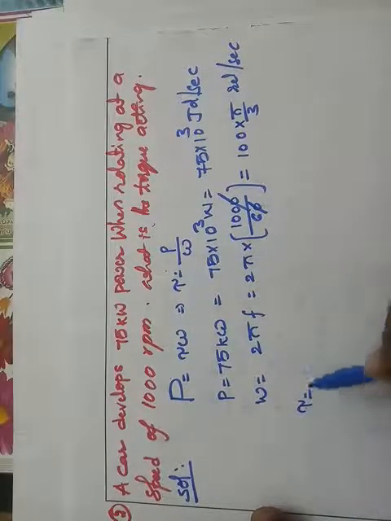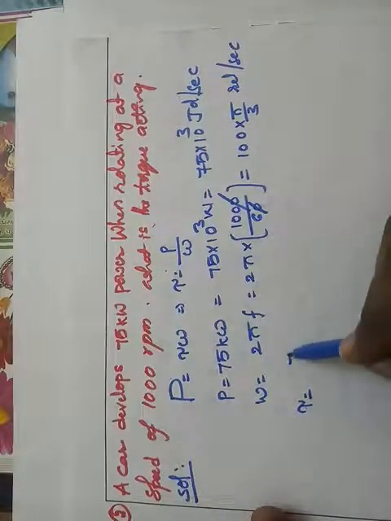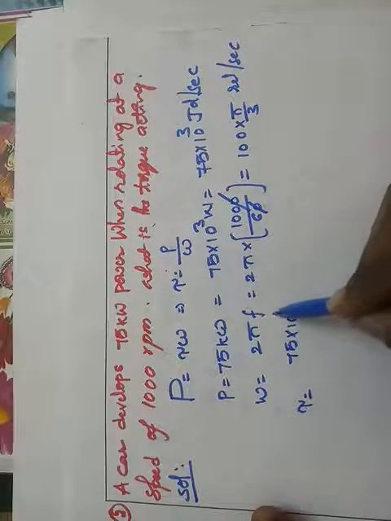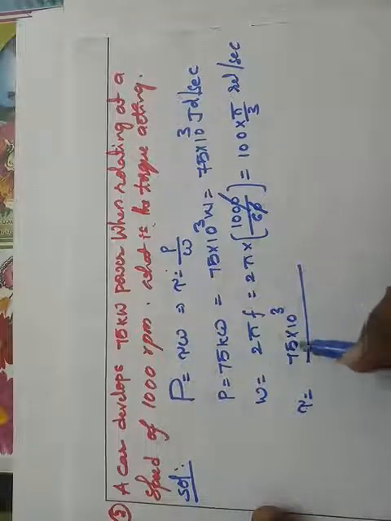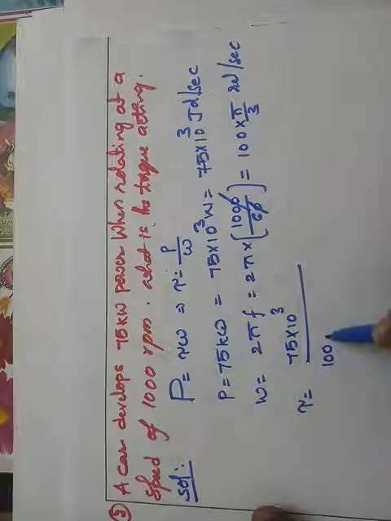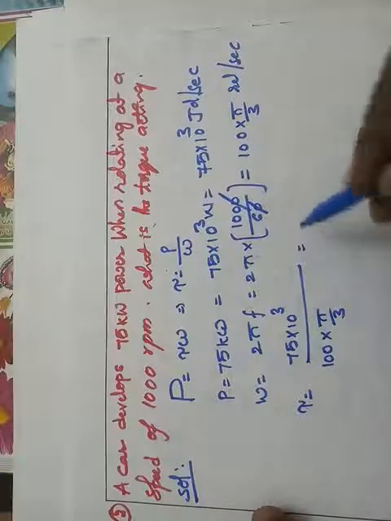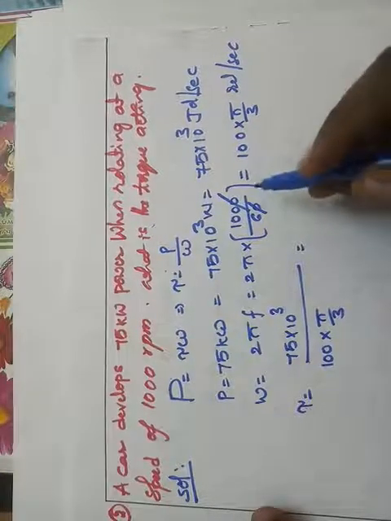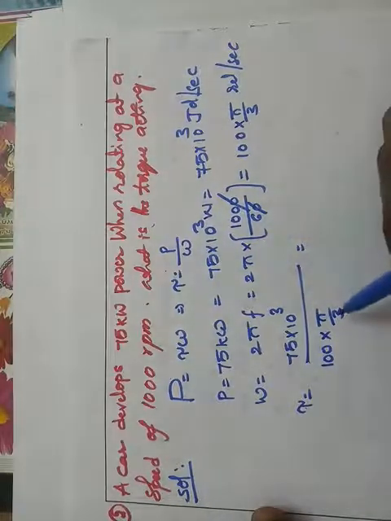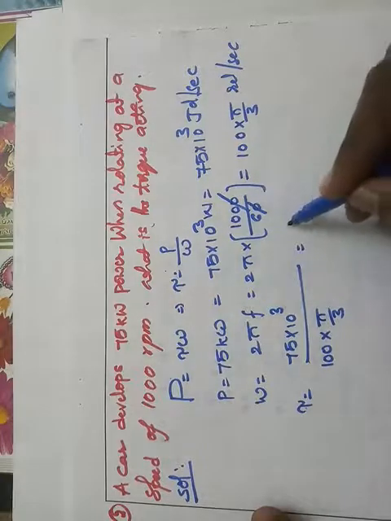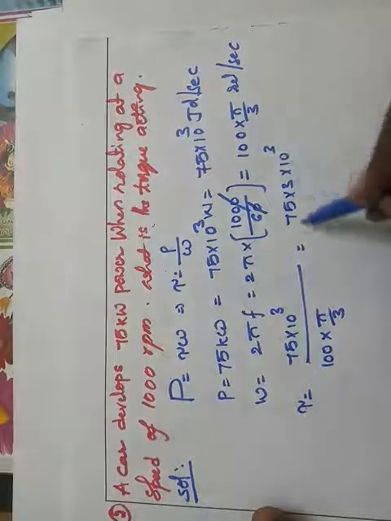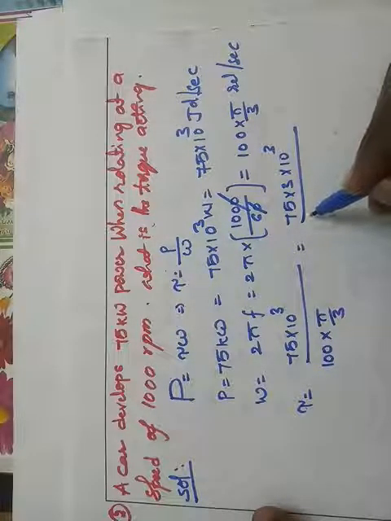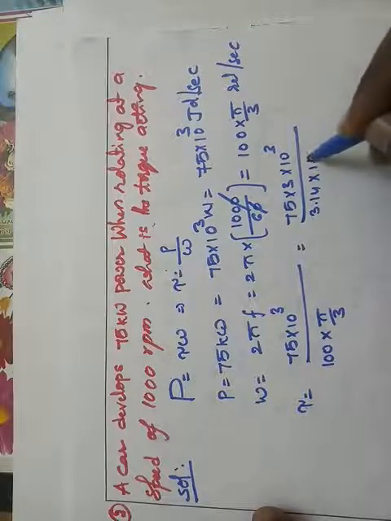What we get is tau equal to, the P value is 75 into 10 to the power of 3, divided by the omega value, which is 100 into pi by 3. So finally, eventually we'll get the answer by solving this. Okay, so 75 into 3 and 10 to the power of 3 by 3.14 into 100.